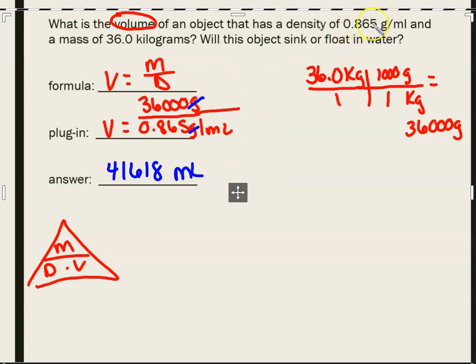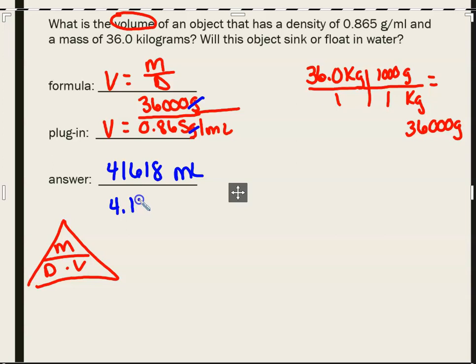Now, this is our end answer, so we want to talk significant figures. Up here in my beginning problem, that's where you always want to look. That has 3 significant figures, and that has 3 significant figures, so our answer needs to have 3. That does not mean you change this answer to 416. What that means is you can do 2 things. You can put it in scientific notation. So I can go 1, 2, 3, 4.